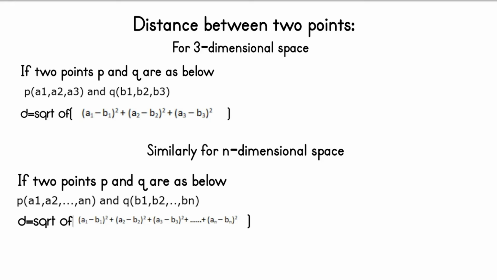Similarly for n-dimensional space, if we have 2 points P as A1, A2, ..., An and Q as B1, B2, ..., Bn, we can write the distance between P and Q as D equal to square root of (A1 minus B1) square plus (A2 minus B2) square plus ... plus (An minus Bn) square. Again, the same idea we learned in 2D and 3D, we can extend to n dimensions. This is the beauty of linear algebra.